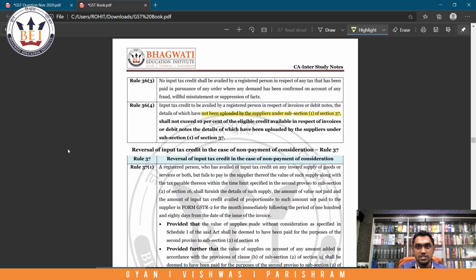This is the situation given in the question. It shall not exceed 10% of the eligible credit available in respect of invoices, the details of which have been uploaded by the supplier under subsection 1 of section 37. This is an important point to be noted.